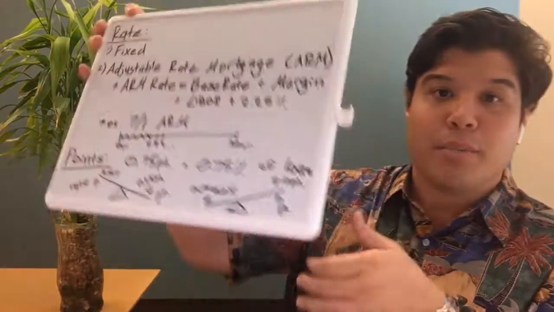Up next is the points. Points are a cost that you are going to pay at closing in exchange for a lower rate. So you have the ability, you can pay nothing for points, but you're going to have a little higher interest rate. Or you can pay 2 points, which is going to bring your interest rate down.